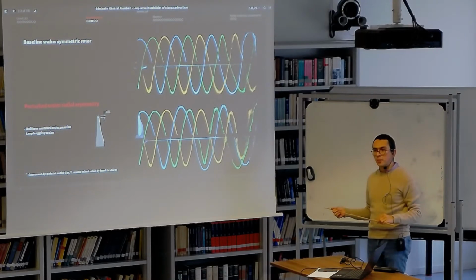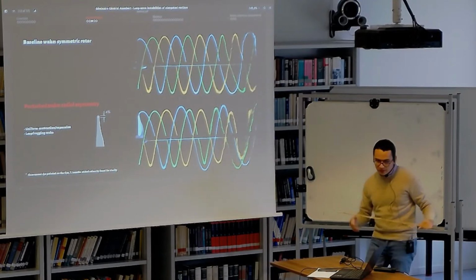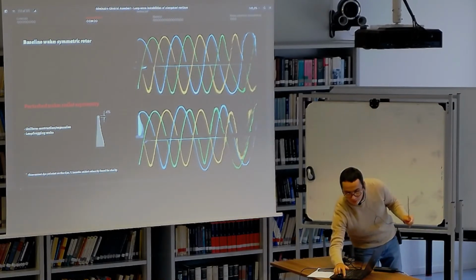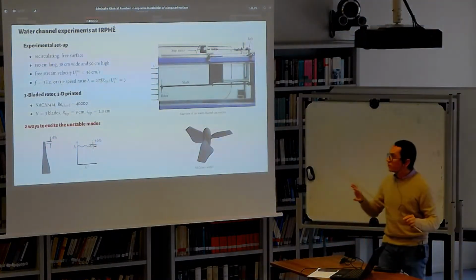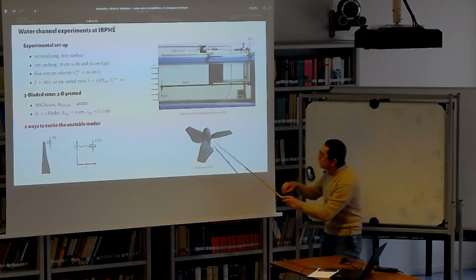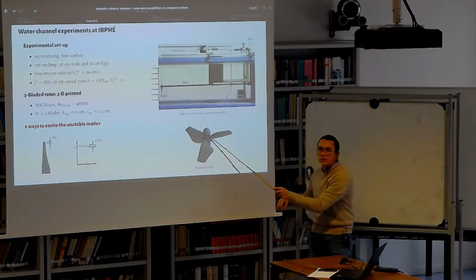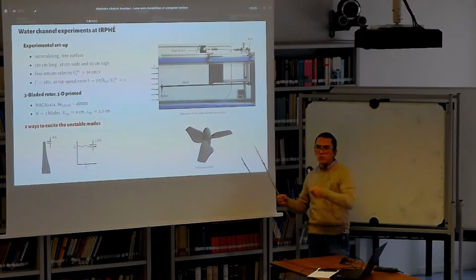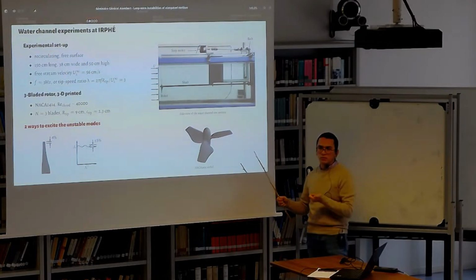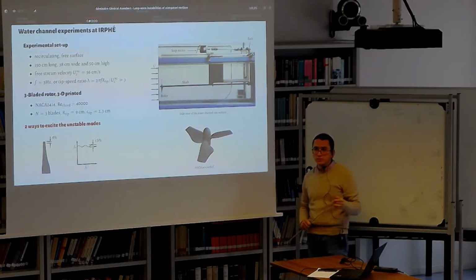Yes, they are the same. Actually, no, they're not shorter. They're just the same. So the system was designed like this. We have a bolt in the rotor. That way you can unbolt one of the blades and put another. And that's how we test the different configurations. It's slightly longer, yes.